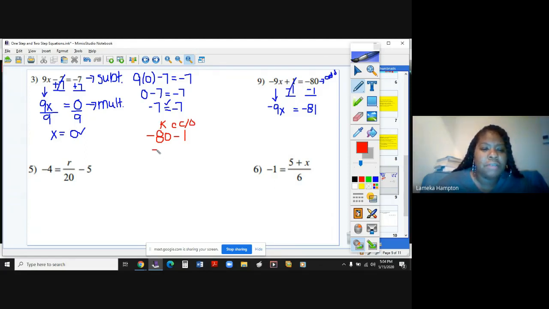So I'm going to keep negative 80 the same. I am going to change my subtraction sign to addition because, again, they are inverse operations. And I'm going to change my positive 1 to a negative 1 because the opposite of positive 1 is negative 1. Okay. So when I add two negatives together, it gives me a negative answer.